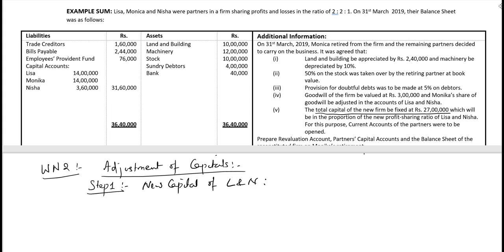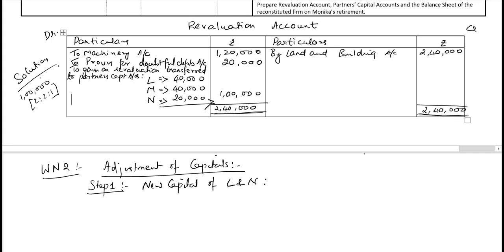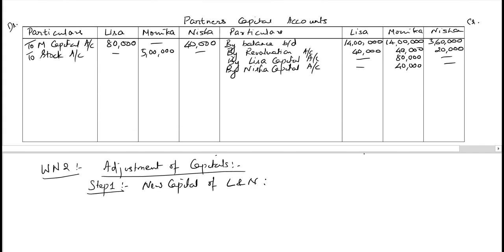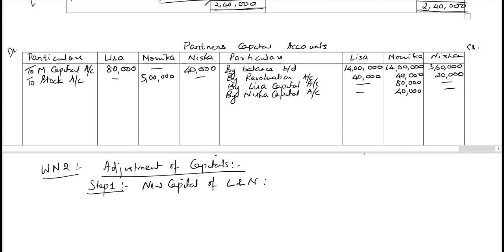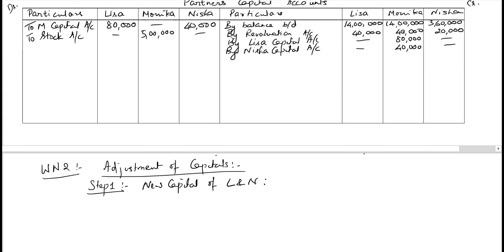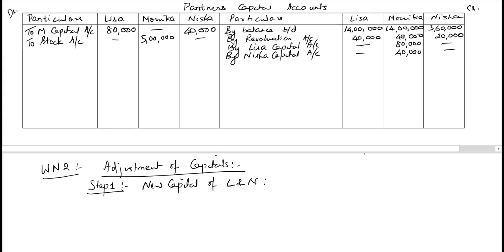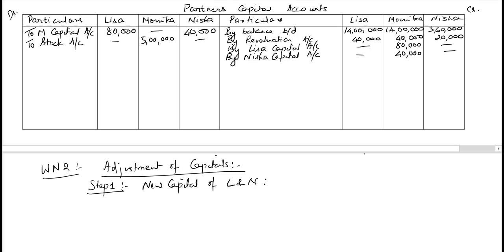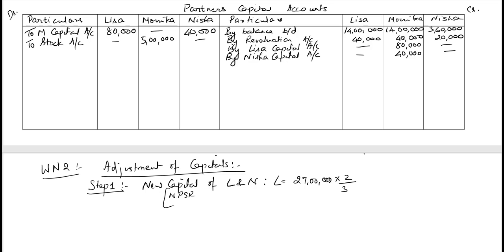So it's 27 lakh in 2:1. In the case of Lisa, it's 27 lakh into 2/3, the NPSR between Lisa and Nisha being 2:1.